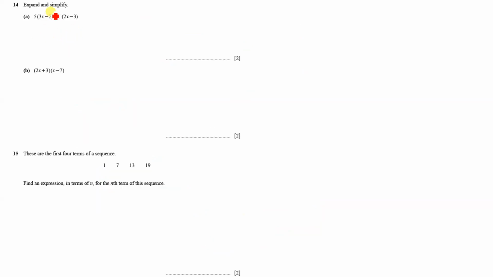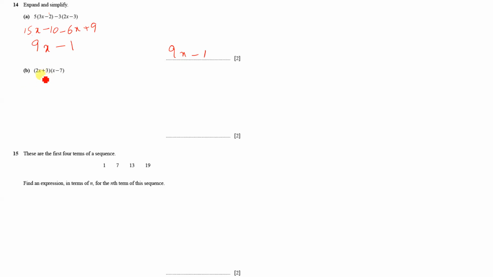Question number 14. Expand and simplify. So let's expand first. 5 3s are 15x minus 10 minus 6x plus 9. So that is equal to 15 minus 6, 9x, and negative 10 plus 9 is 1. So 9x minus 1.